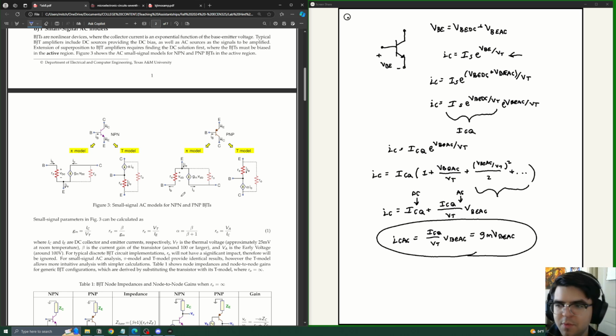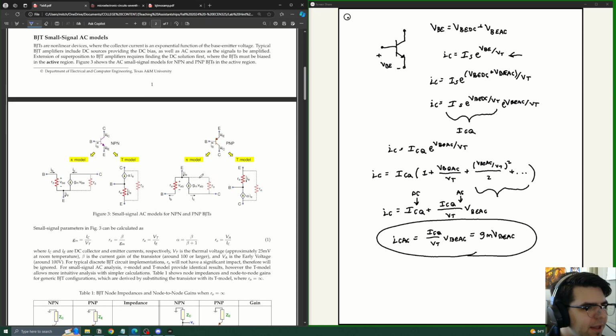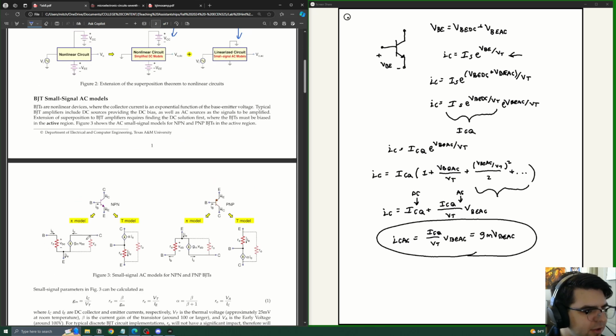So when we apply this Taylor series analysis to each of these terms, you could apply it to the base, you could apply it to the emitter, and we get components of this small signal model that we created. If you apply it to the base, you get r pi. If you apply it to the emitter, then you also get the T model. And basically this is the linearized circuit. So if we just look at the linear portions, what is this going to look like?